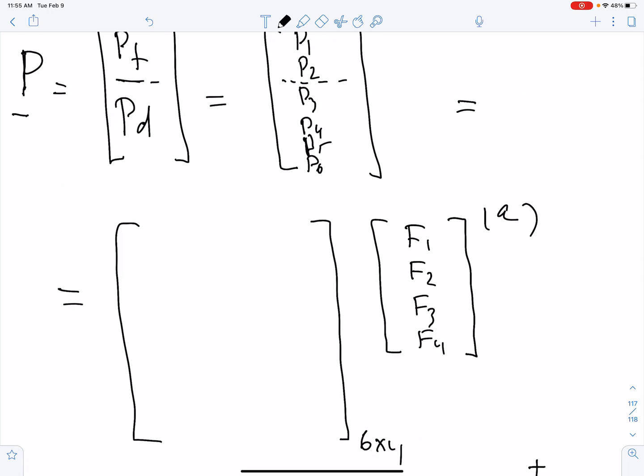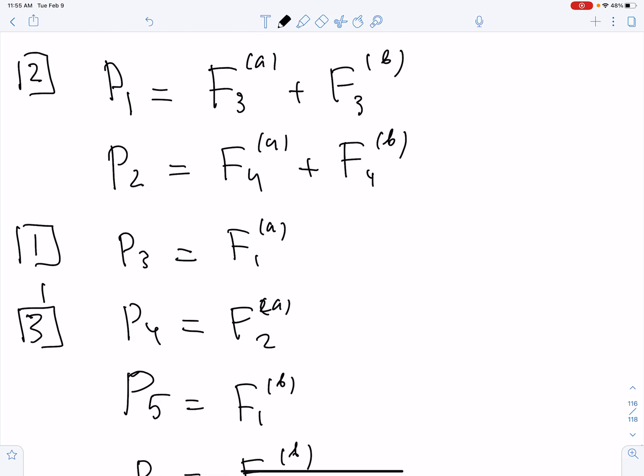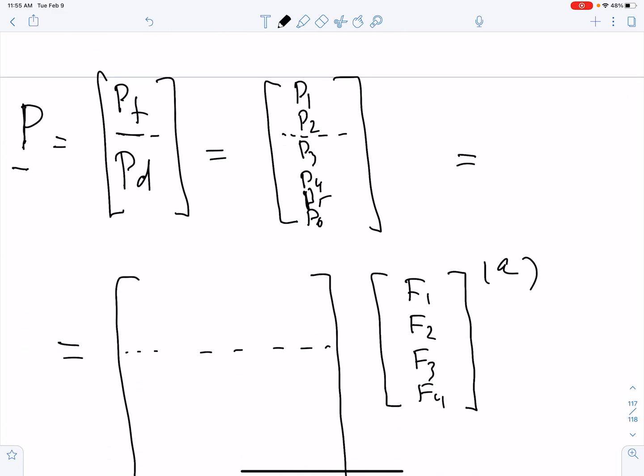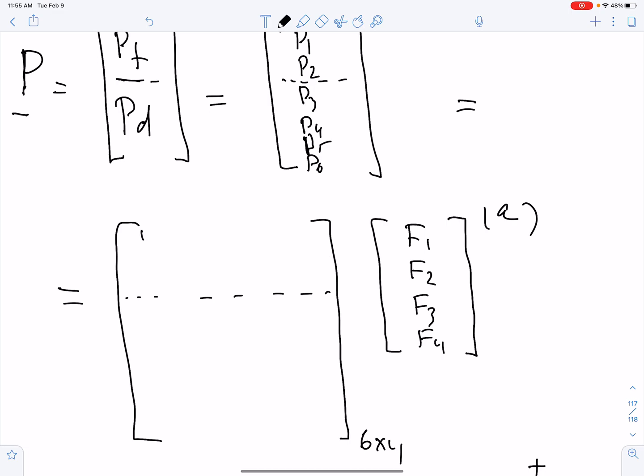Just like we partitioned the degrees of freedom, we'll partition this matrix too. And then we just look at these equations. We see that P1, on element A, only sees F3, which means that the first column, first two entries are 0, and then this is the one that will hit F3. It depends on nothing else.